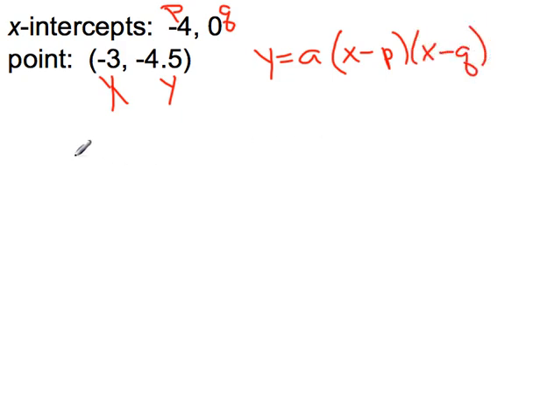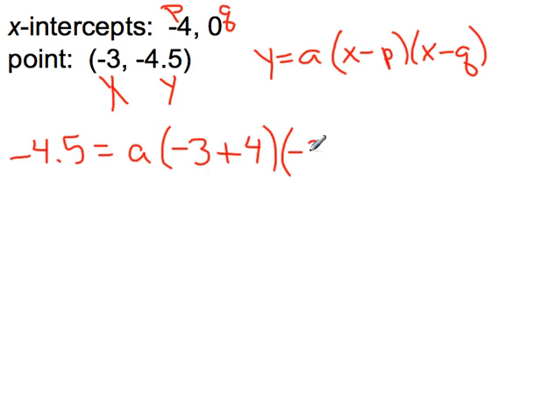Okay? So now I'm going to plug in, so it'll be negative 4.5 equals a times x is negative 3, and it'll be the opposite of p, so you could write minus negative 4, or you could just go ahead and turn that into plus 4 right off the bat. It's always opposite. And then we have x, negative 3, minus 0. q is 0. Okay, do the work.